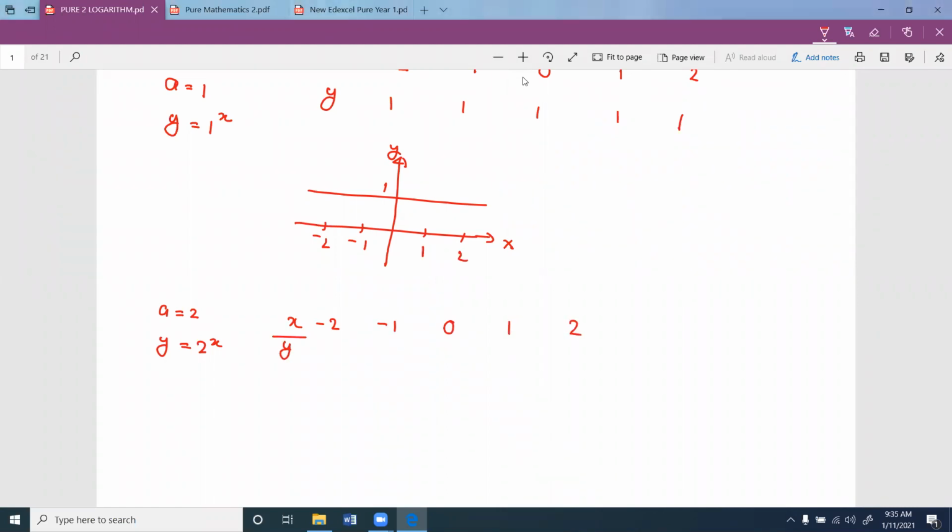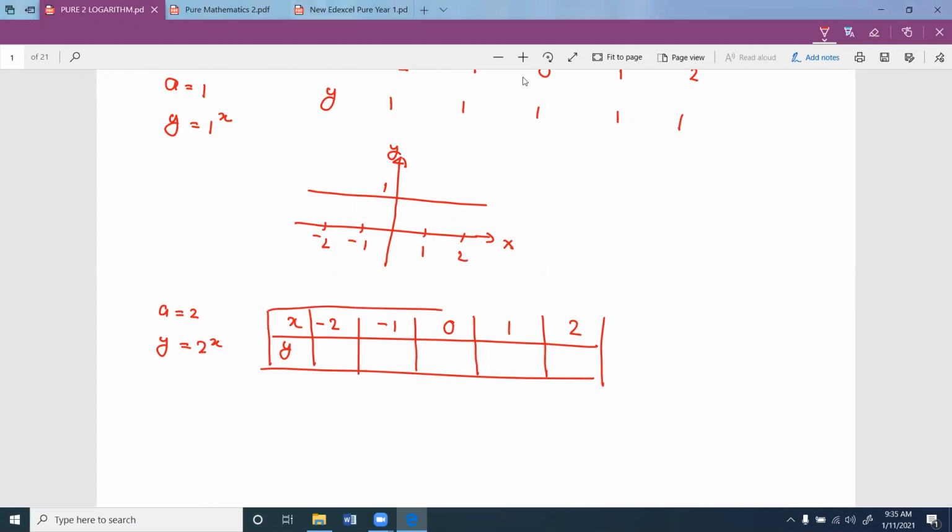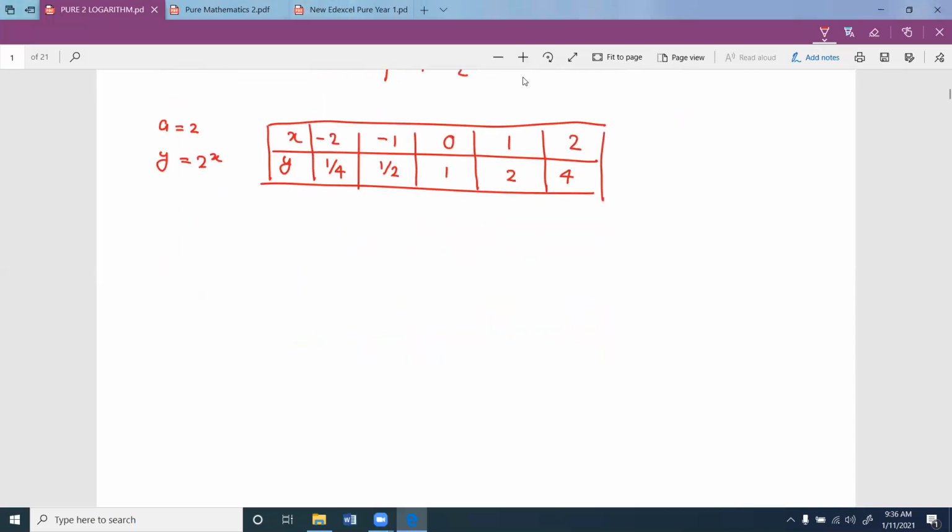If I make a table, the previous one also could have had a table, but I didn't make any tabular information there. If x is -2, 2 to the power -2 is 1 over 4. 2 to the power -1 is 1 over 2, 2 to the power 0 is 1, then 2 and 4, right?